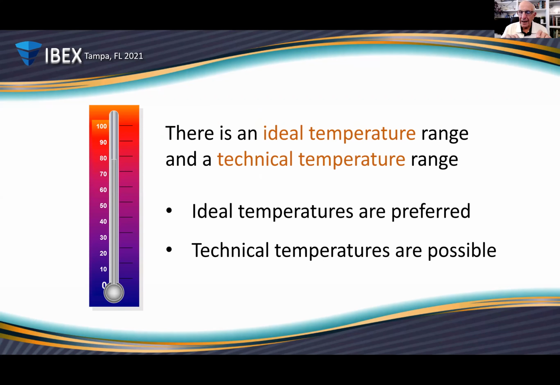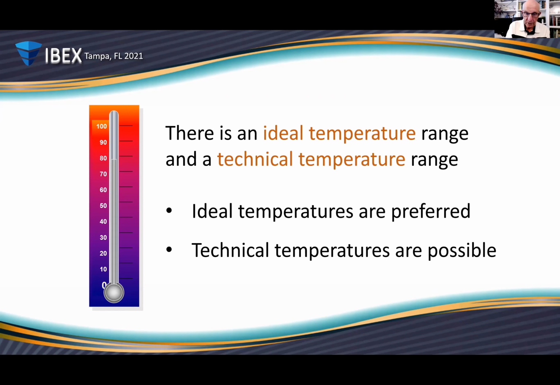So there's an ideal temperature range for gel coat, and then there's a technical temperature range for gel coat. The ideal temperature ranges are what we prefer in a real world scenario. These are the parameters that we would work in.